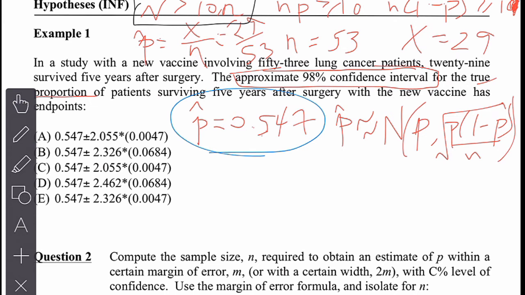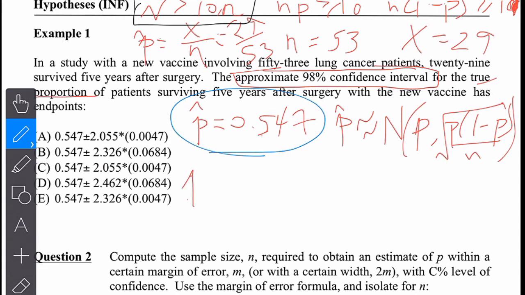The catch is that since I don't have P, and I'm using an estimate of P, we have to give this thing a new name. So this is called the point estimate. It's the estimate of the mean, and we're going to call this not the standard deviation, we're going to call it the standard error.